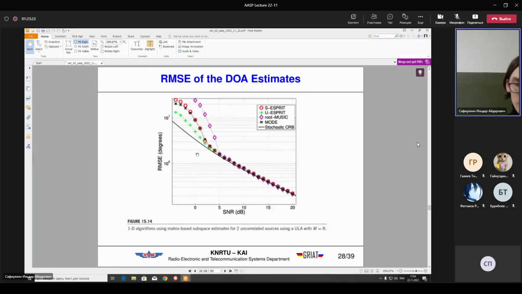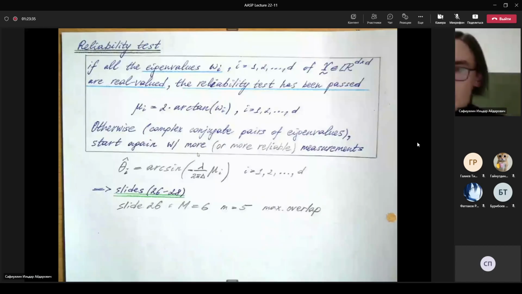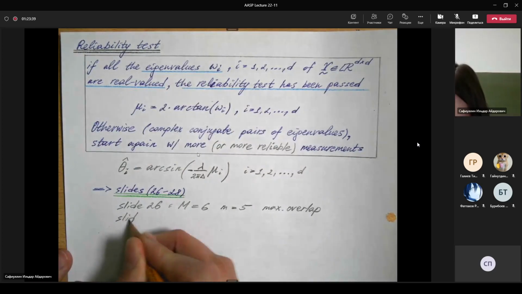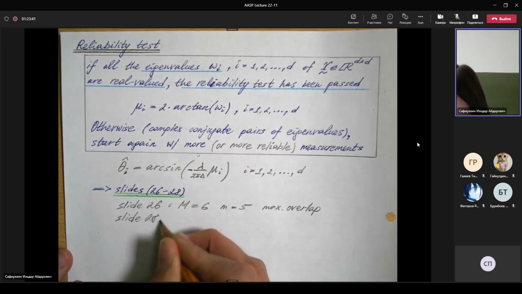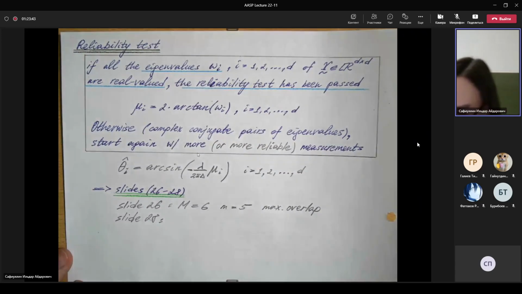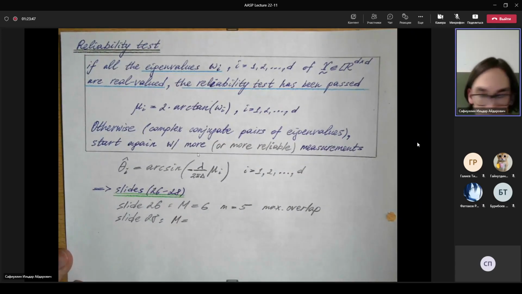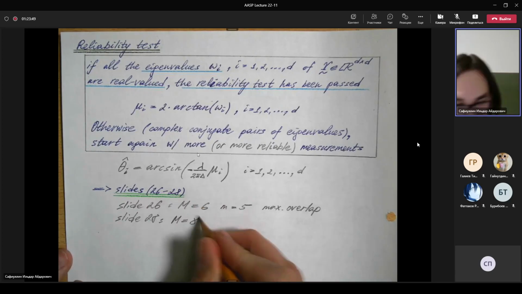And let's write here. So let's write for slide 28. Oh, sorry. Slide 28. Here the number of array elements is equal to 8.